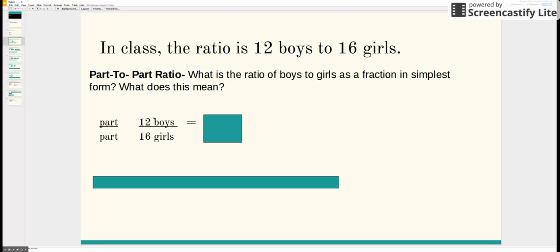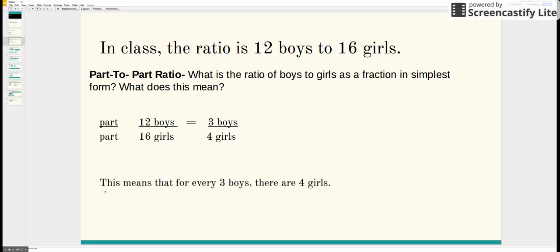Well, we could divide each of them by 4. 12 divided by 4 gets you 3, and 16 divided by 4 gets you 4. So this simplified is actually 3 boys to 4 girls. This means that for every 3 boys, there are 4 girls.